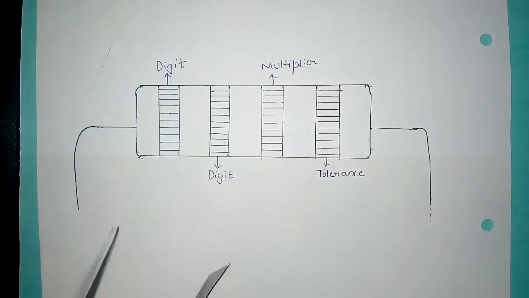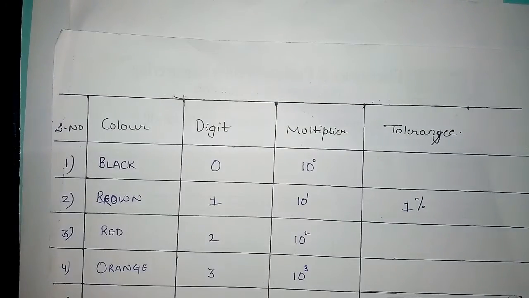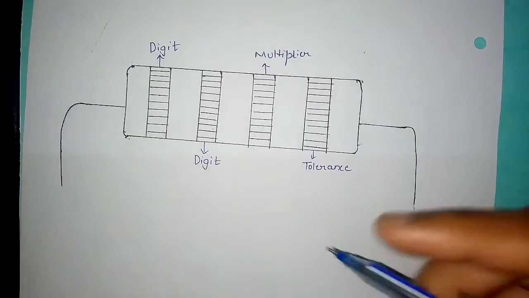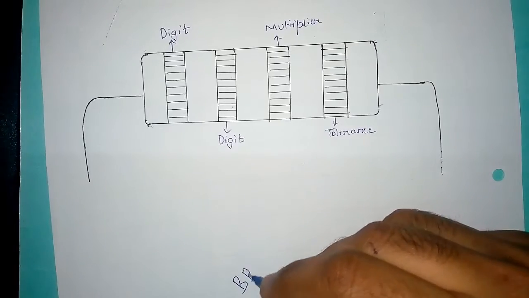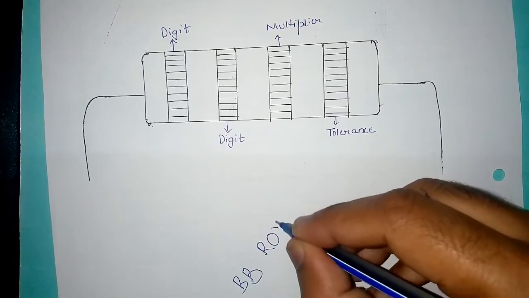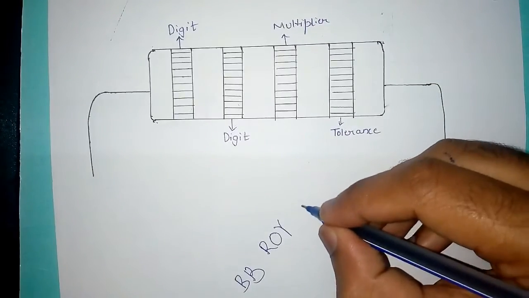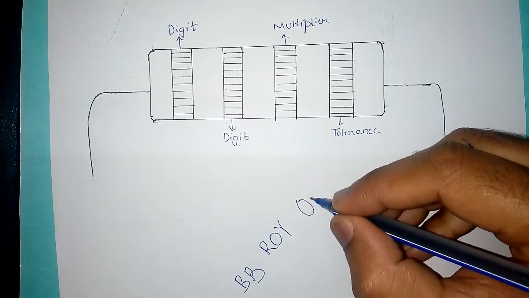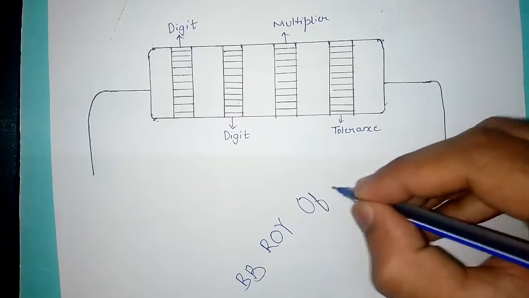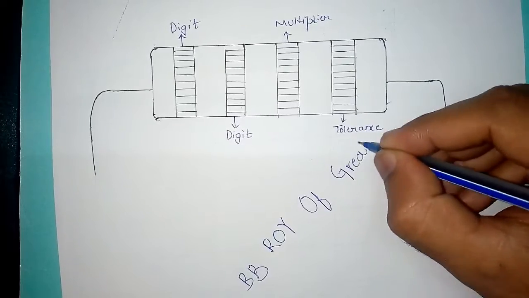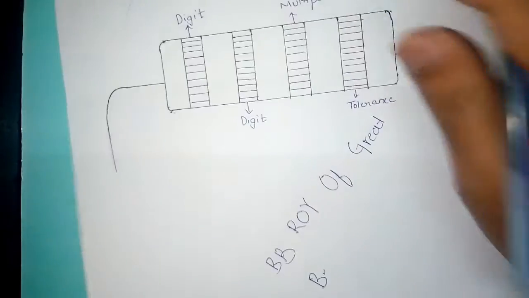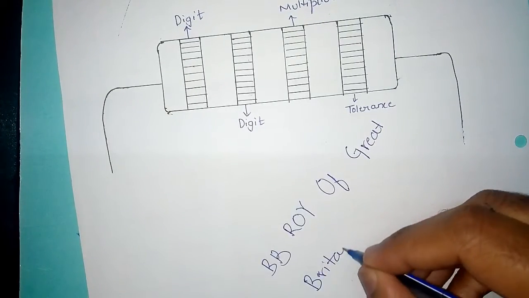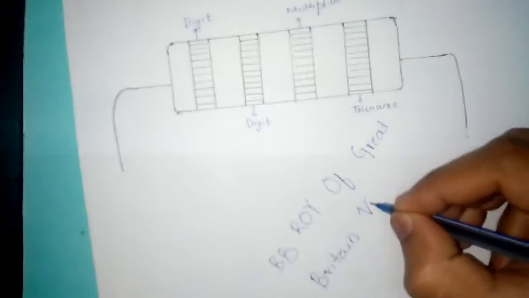And for remembering this particular table, I have a small trick which most of you may have heard: B B Roy of Great Britain has a very good wife.